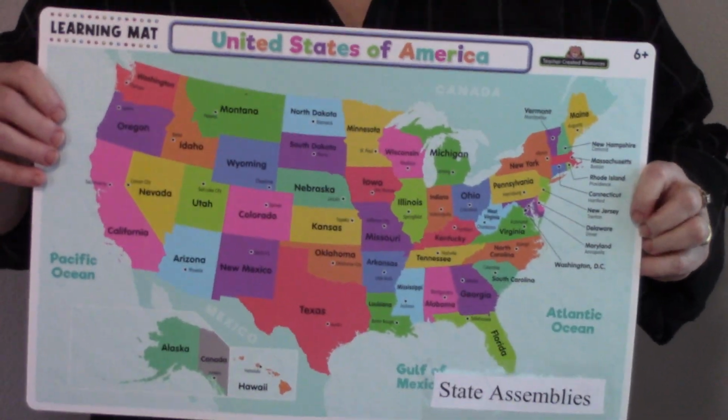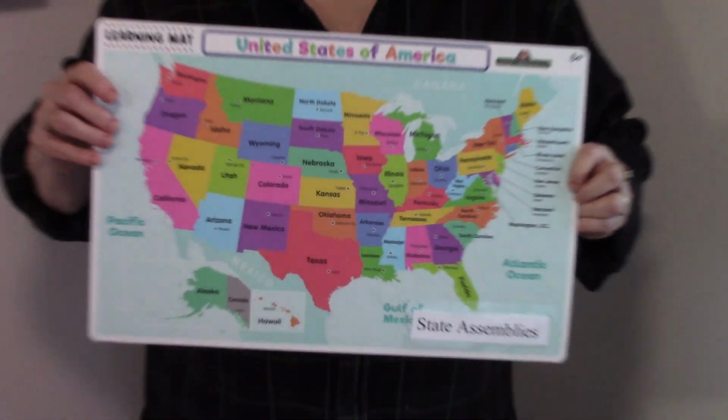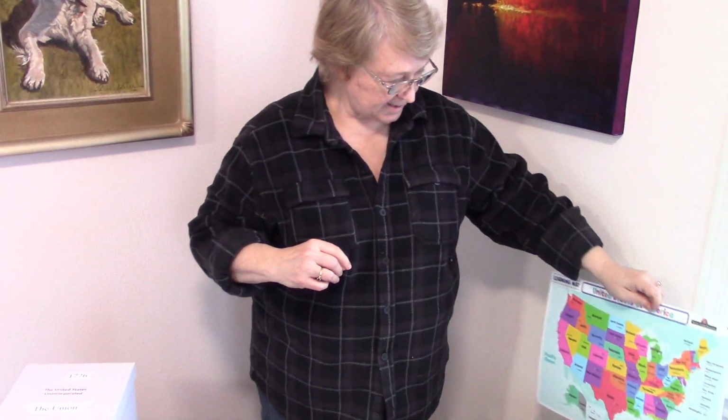Because remember, the only truly independent sovereign entities that exist in this entire description of our government are the states. That's why they call them the sovereign states. So the states give rise to all the rest of this.